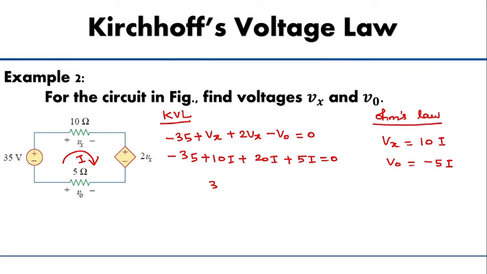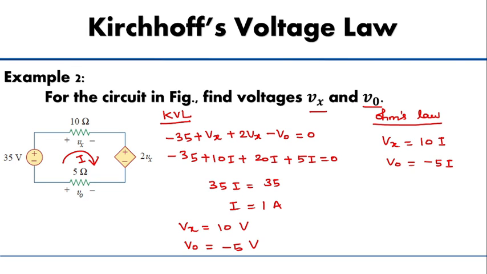Therefore, 35I is equal to 35 and I becomes 1 ampere. A current of 1 ampere is flowing through the circuit in the given direction. We need to find Vx and V0. We know that Vx is equal to 10 into I, therefore Vx is 10 volt, and V0 is equal to minus 5 into I, therefore it is minus 5 volt.